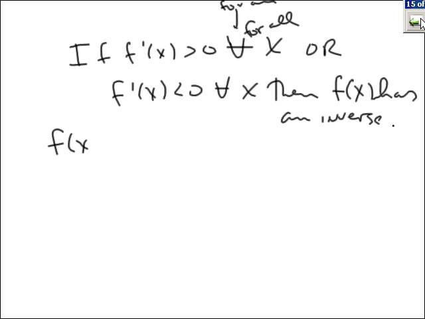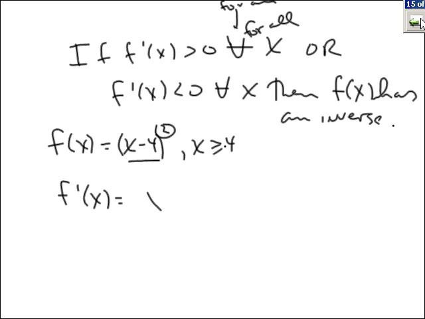Suppose I tell you f of x is equal to x minus 4 squared, but I tell you that x is greater than or equal to 4. Does this function have an inverse? Well, let's see. The derivative will be, it's a function to a power, so you keep the function the same, bring down the power, make the new power 1 less, take the derivative of what's in there, which is 1.